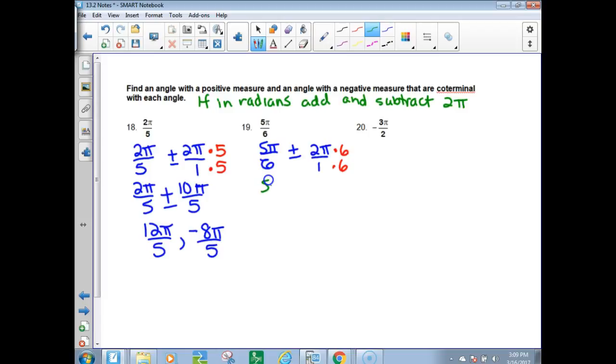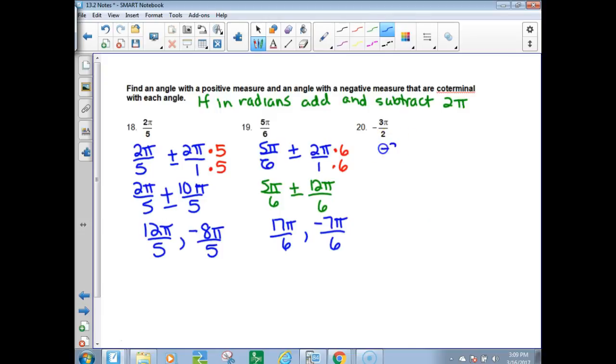That's going to give us 2 pi over 6 plus or minus 12 pi over 6. You want to get good at this because everything's in fraction form in this unit. 5 pi over 6 plus 12 pi over 6 would be 17 pi over 6 for one answer, and the negative answer will be negative 7 pi over 6.